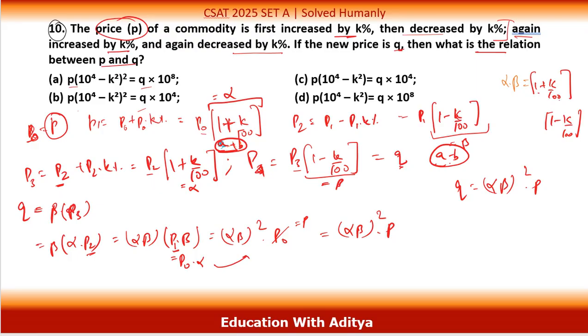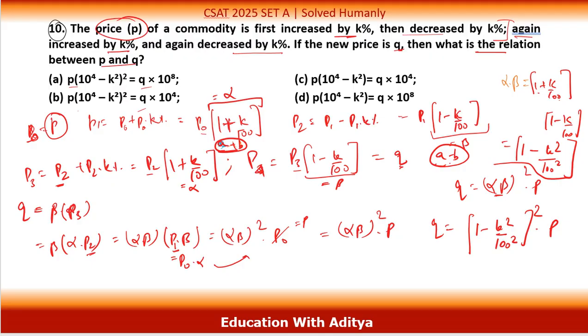So A plus B into A minus B is equal to A square minus B square. So 1 square is 1, minus K square upon 100 square. So now Q is equal to alpha beta whole square. So I will write 1 minus K square upon 100 square, whole square, dot P.